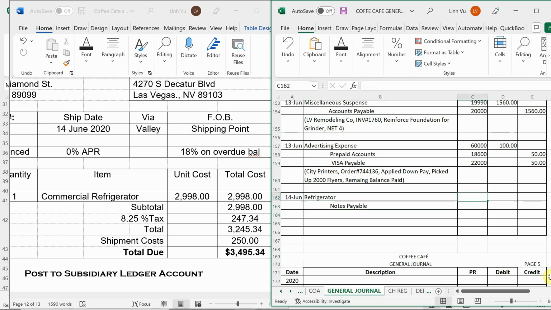Okay, so refrigerator was account 15030. My notes payable was 23,000. So what is the total amount that I paid for, or in this case financed my refrigerator for, and how much is the refrigerator?